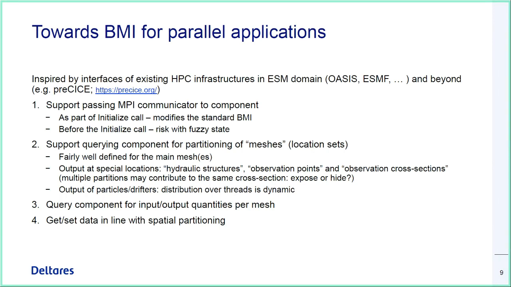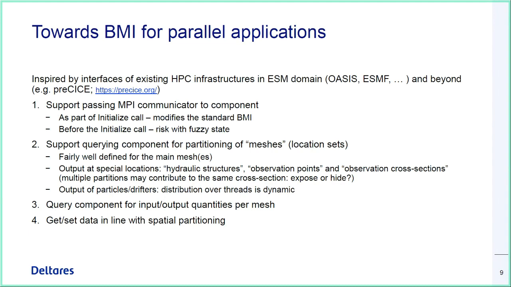So can we see parallel support as an extension to the standard, or should it be an integral part of the standard? That's the discussion, because if we change the initialize call, then everybody, even if they are not implementing a parallel component, has to accept an MPI communicator.